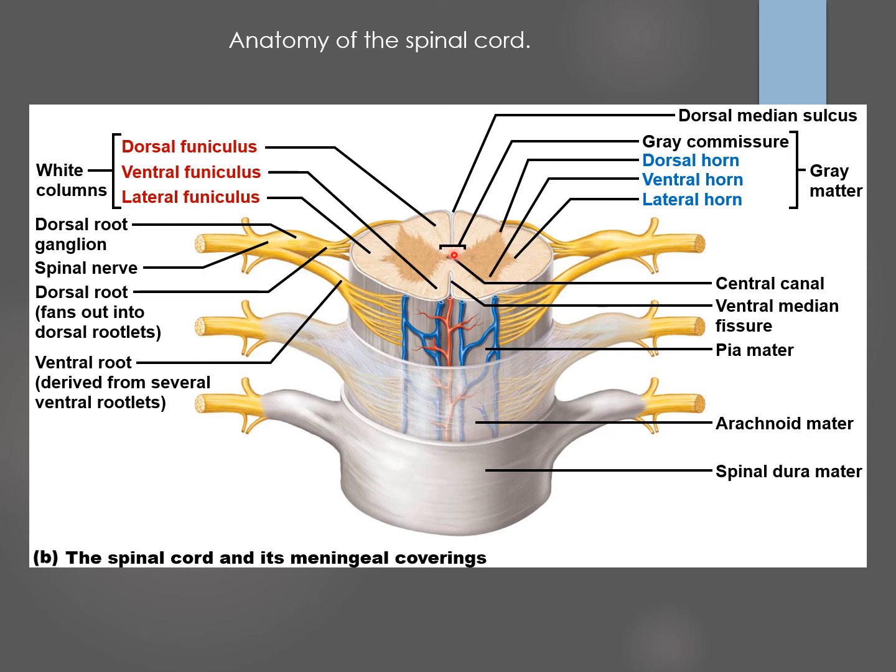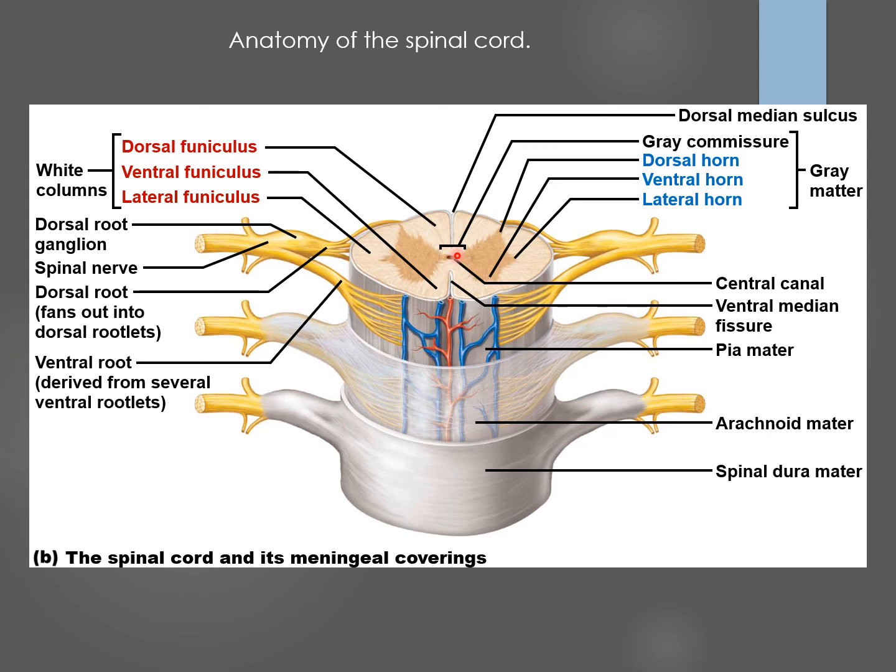In this central canal, you will find some cerebrospinal fluid, probably some ependymal cells with cilia to move that cerebrospinal fluid. We have a connection between the two sides of gray matter called the gray commissure, and we have fibers that connect those.